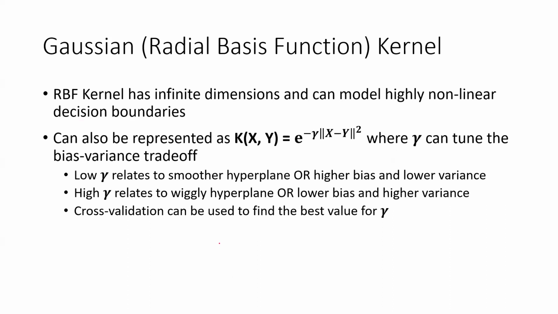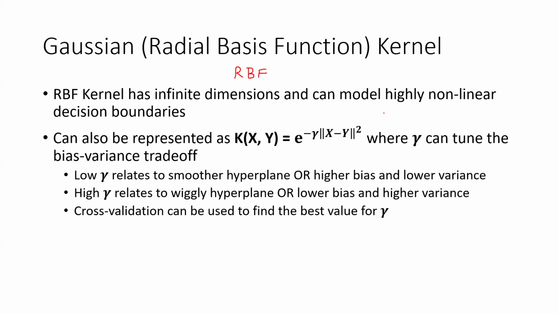This is the most important kernel function that is practically used in support vector machines, known as the radial basis function, or RBF. It is also known as the Gaussian kernel.